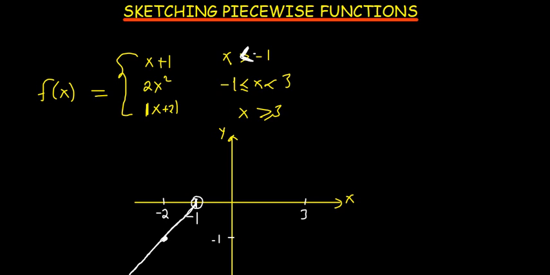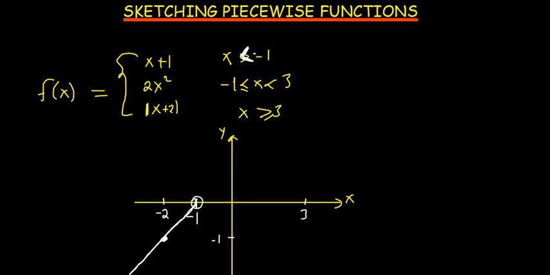Now 2x squared, this function is supposed to pass through the middle. As long as you have x squared, the function is supposed to pass through the middle. This number in front is only changing the gradient of the function, meaning that the line is becoming steeper. Okay, so we know that's how a quadratic looks.